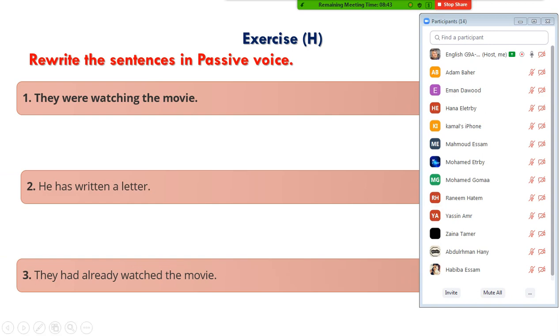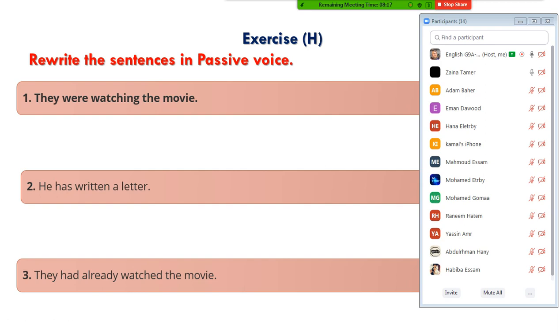Zena, number 1. They were watching the movie. You have to rewrite the sentence in passive voice, from active to passive. Okay. The movie.